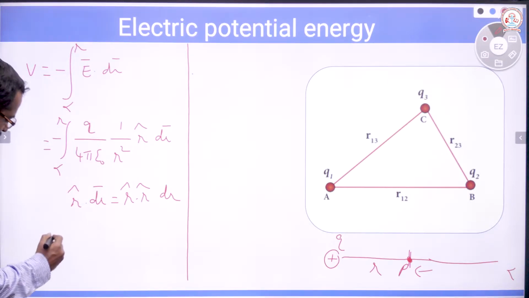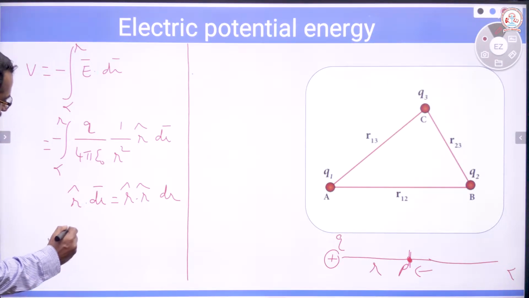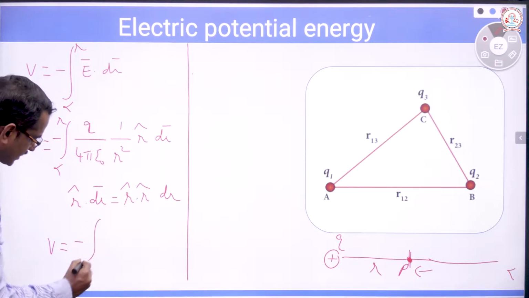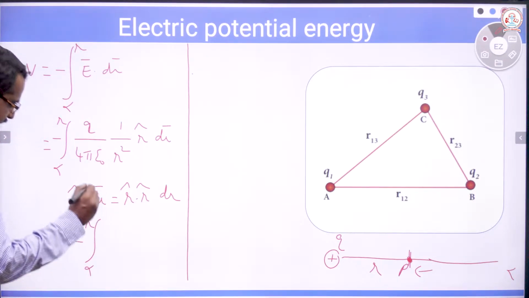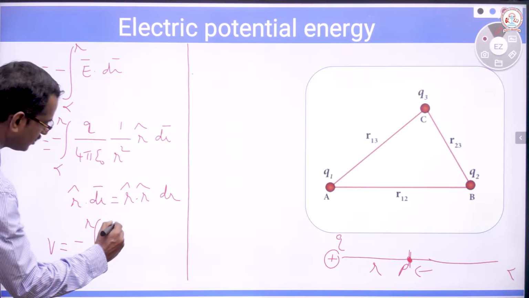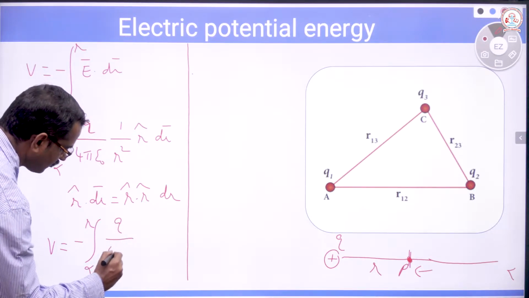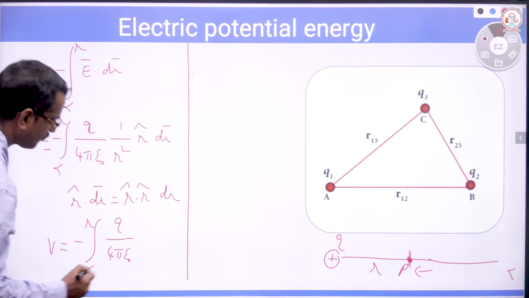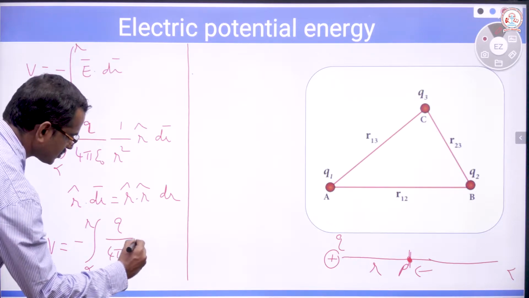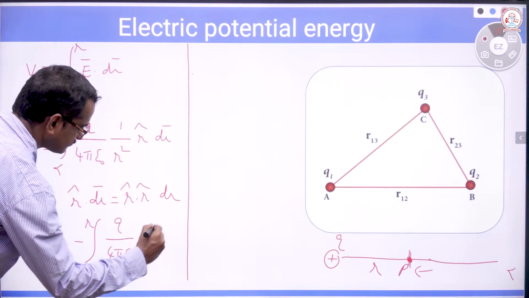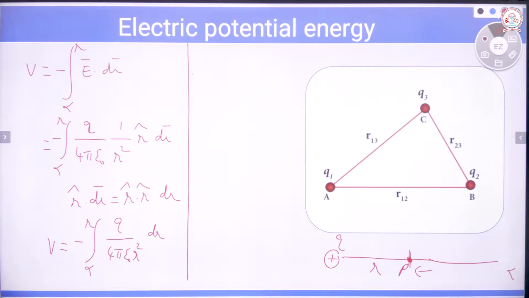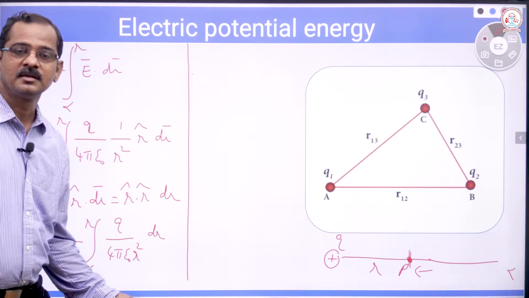Then this potential V is equal to minus the integral from infinity to R of Q divided by 4 pi epsilon naught r square, dr.